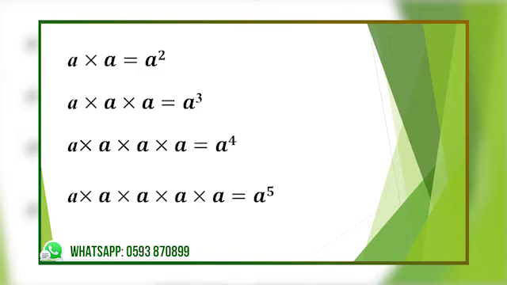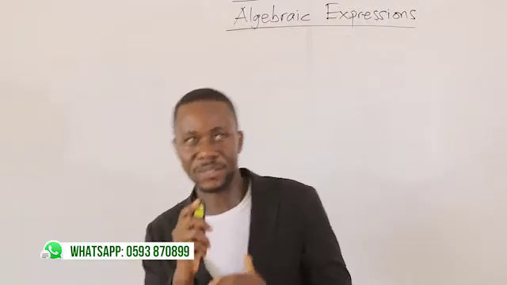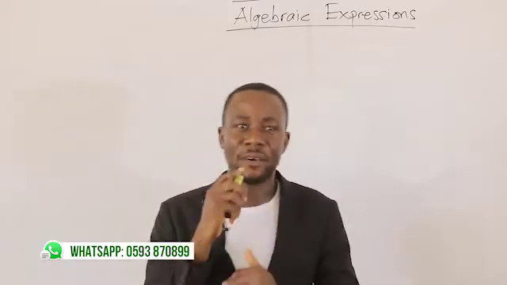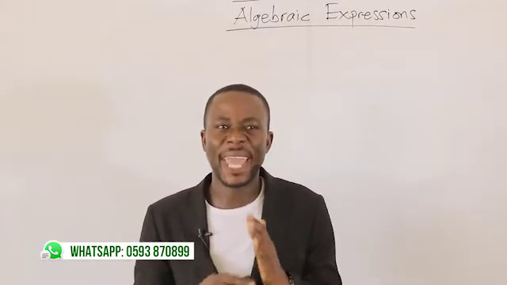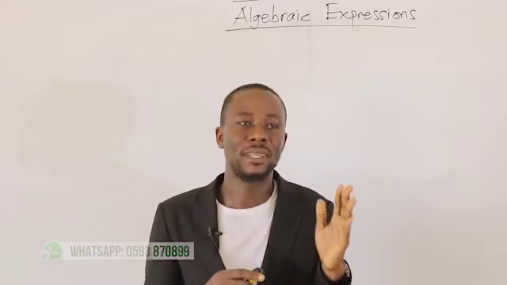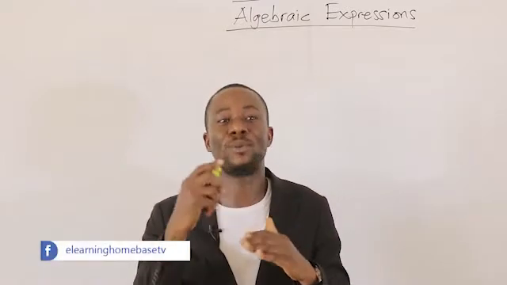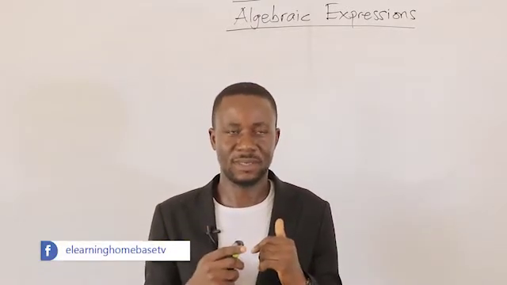The last but not least, A times A times A times A times A. Again, A repeatedly multiplies itself 5 times. So it becomes A exponent 5. Good. Hope you got the sequence. Very good. So anytime a variable or value multiplies itself repeatedly a number of times, that is the exponent of that. Good.